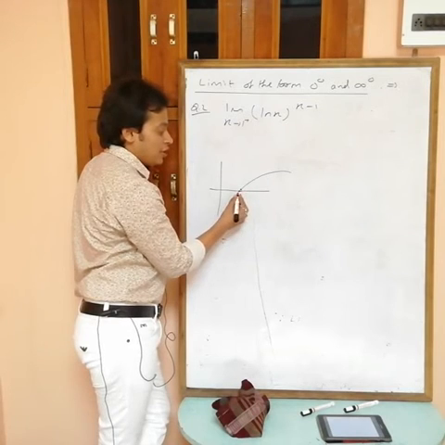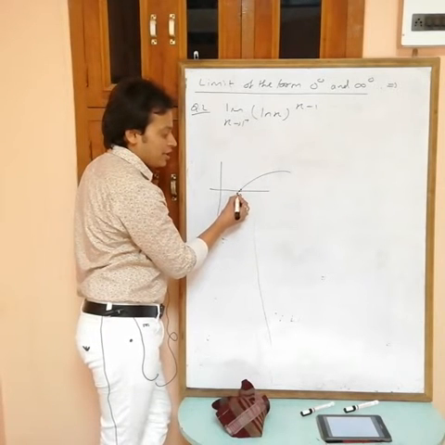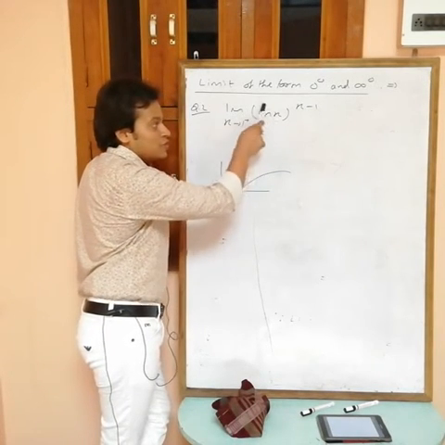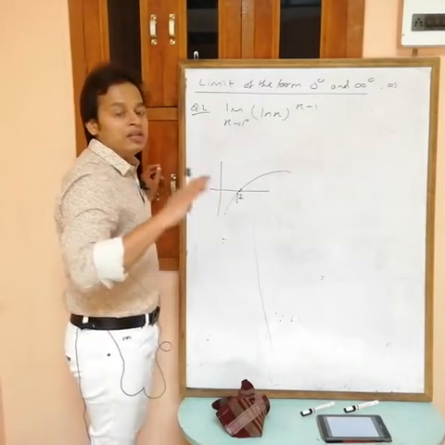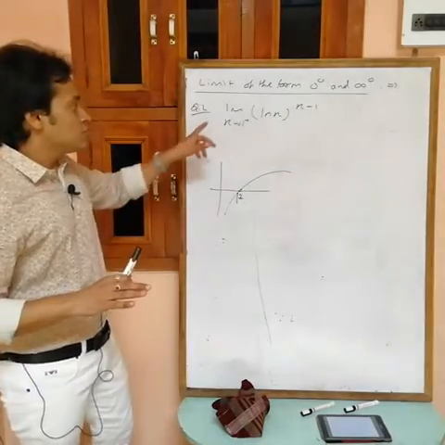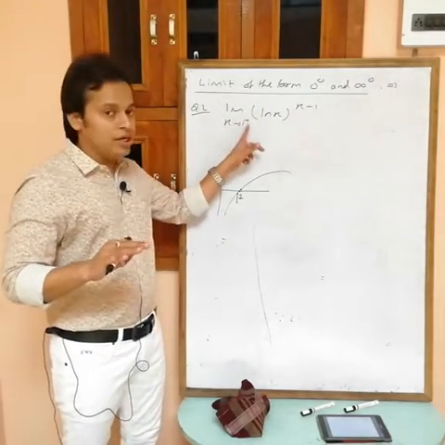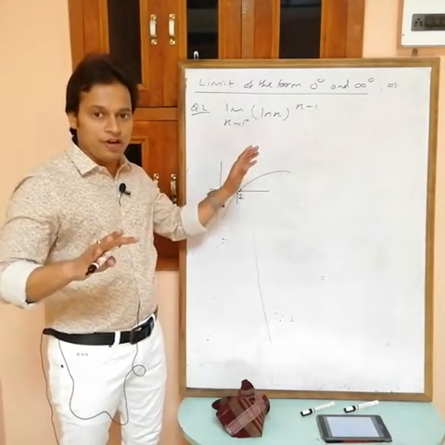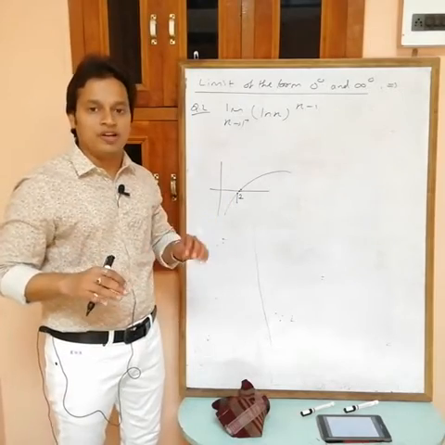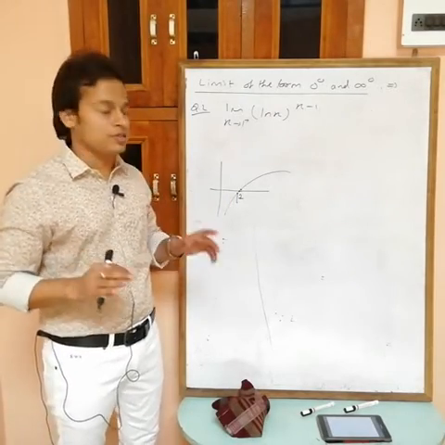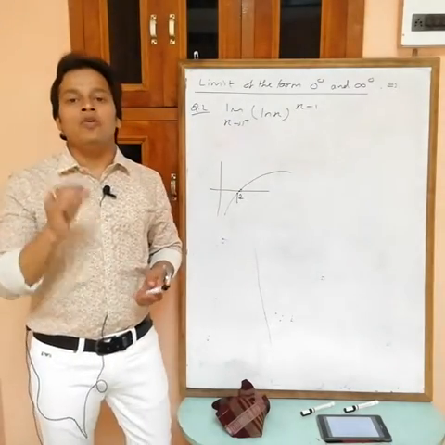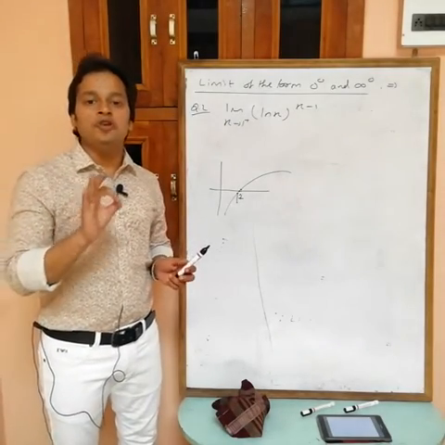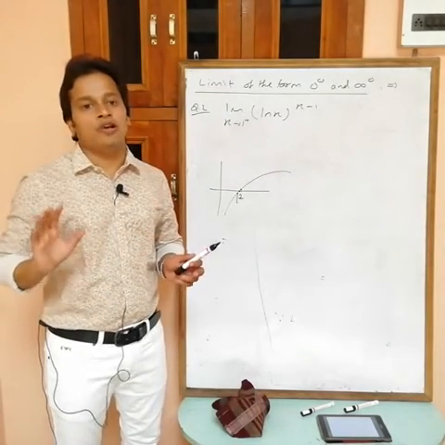But if x is 1 minus, then ln x is negative, and then the function is not defined. If the function is not defined, then the limit also does not exist. So if it is given that x is tending to 1, then RHL is defined but LHL is not defined, so you can say the limit does not exist. But here it is given that x tends to 1 plus, so we want only RHL. He is asking for RHL, not for the value of LHL.